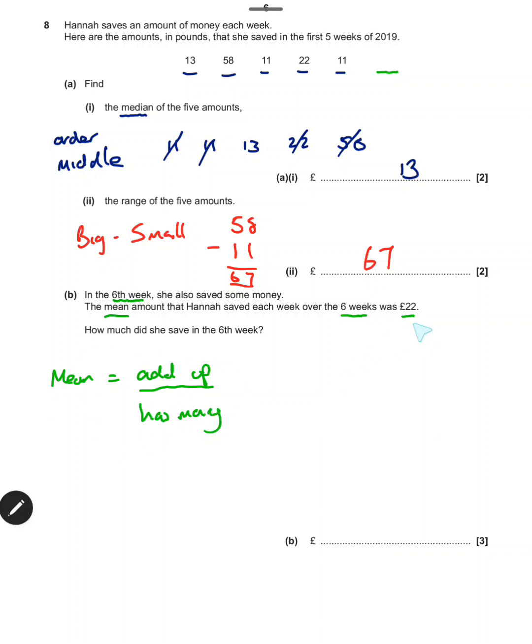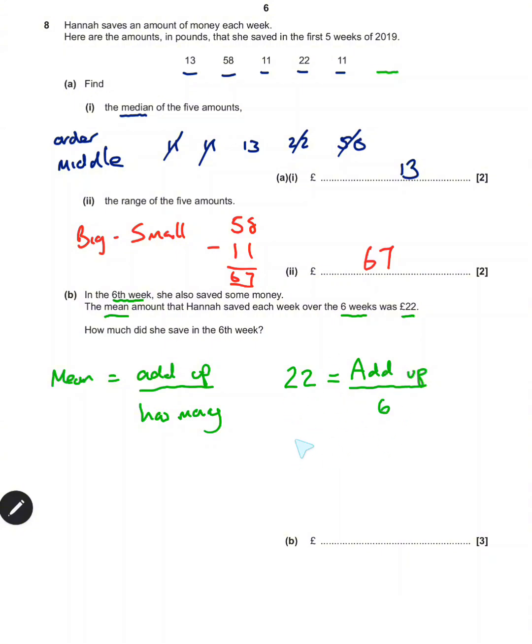And someone's actually done that calculation for us. They've worked out the mean, which is 22. So someone's got the mean is 22, and they've done that by adding up all the amounts that she saved and divided by how many there were. Well, there were 1, 2, 3, 4, 5, 6 numbers there. So something divided by 6 comes to 22. That is the mean calculation.